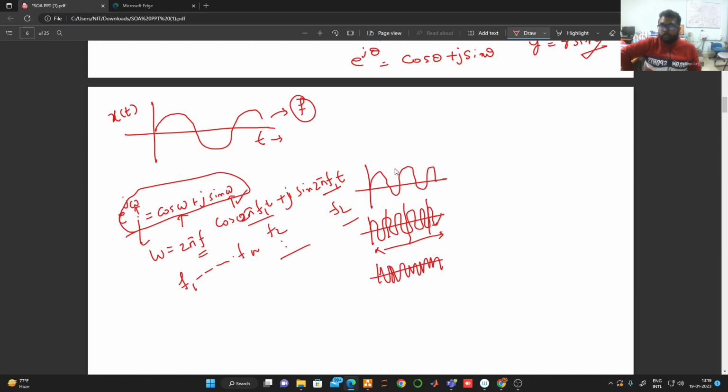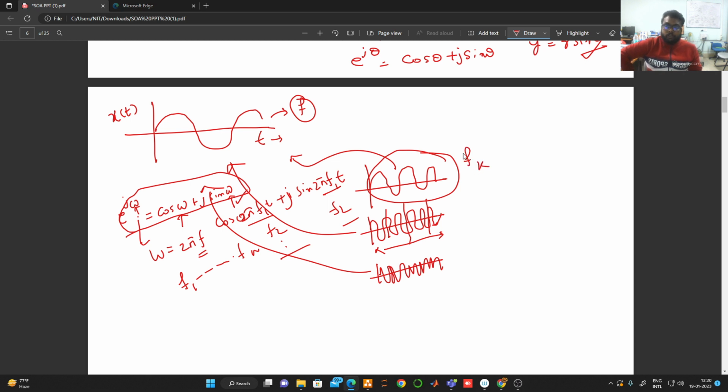Now what will you do? We will multiply each with this signal and see for which f this works. Say for example fk: if fk is very similar to f, the original frequency of the signal, then what will you get? You will get the highest amplitude, sorry, not impulse, the intensity.